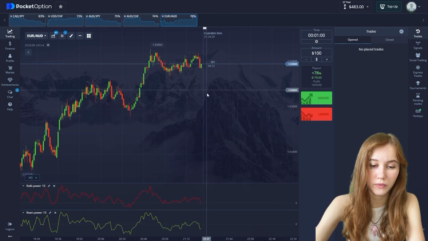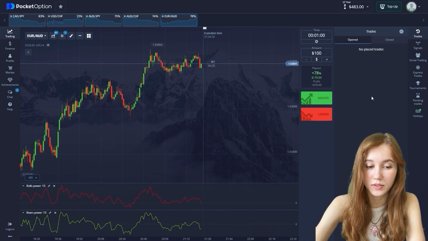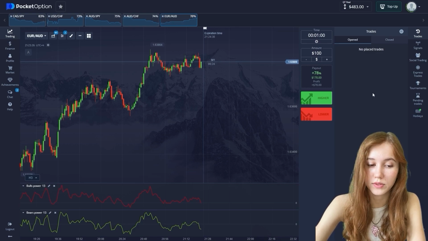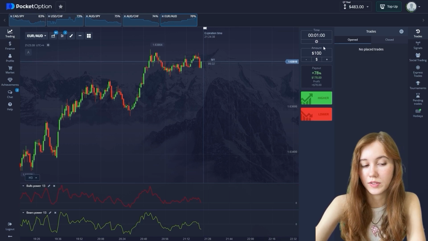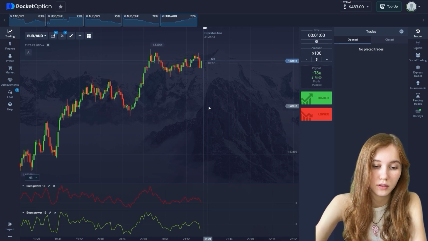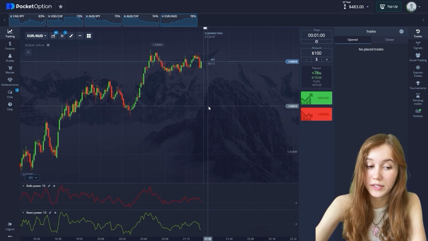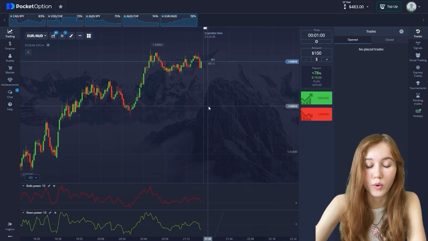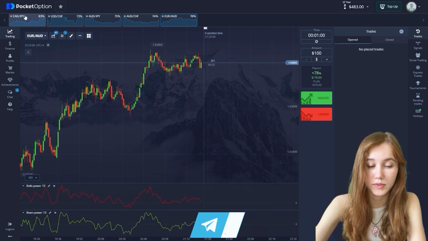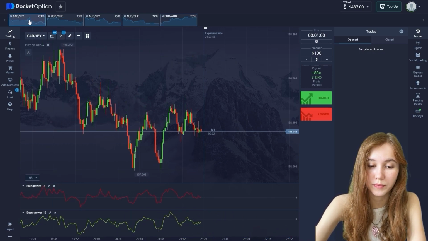So, by the way, if you look at the balance, we see $483, quite a large amount, because we started with $100. Our goal is to increase our balance by 5 or more times. And we move on to the first concept. Deal amount is $100.